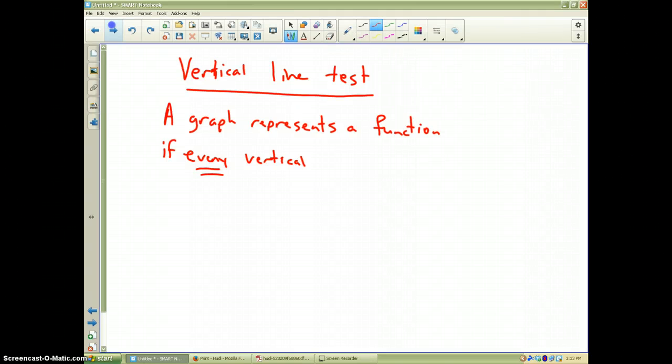Vertical. There we go. A graph represents a function if every vertical line intersects the graph in exactly one spot.